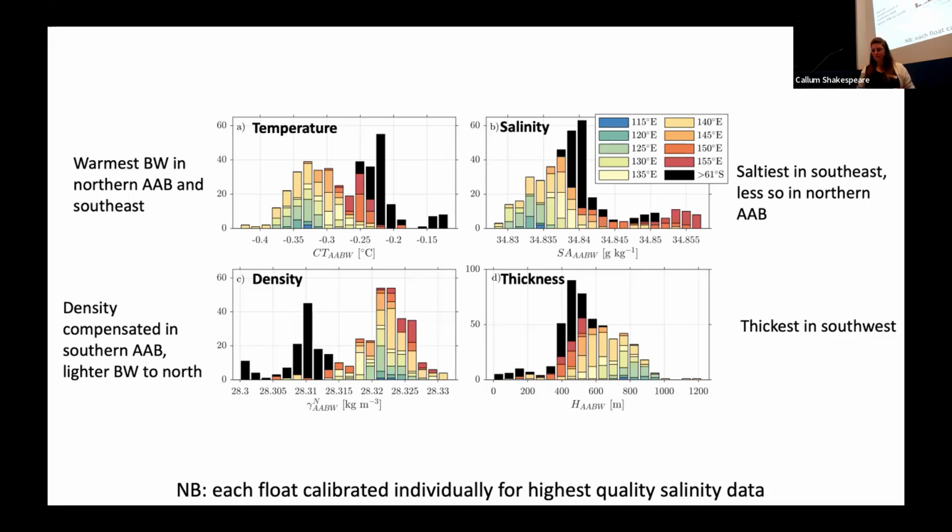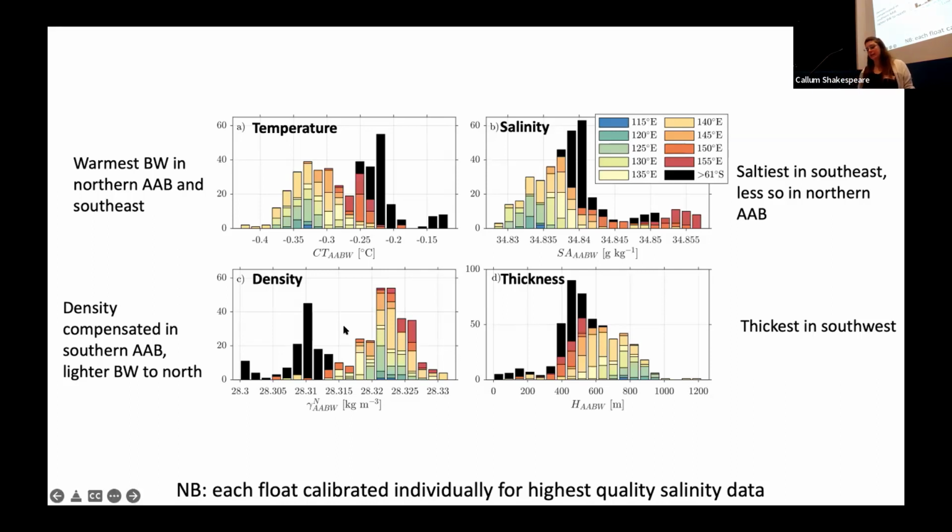And so you can see density sticks out as a very strong pattern, where you have much denser water in the southern part of the basin in those colors, and lighter waters in the northern part, which is not terribly surprising as you're mixing with the circumpolar deep water above as you're going around that circulation pathway.